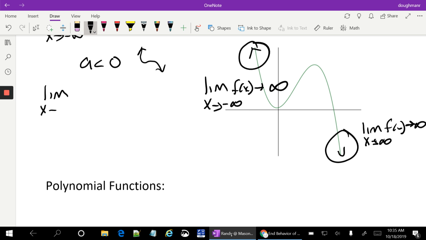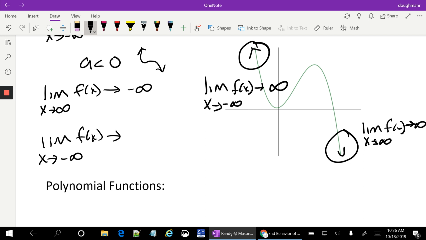So we always look at what happens when x gets very large, positive, versus what happens when x gets very large, negative. And just analyzing the arrows, I can fill in that information.